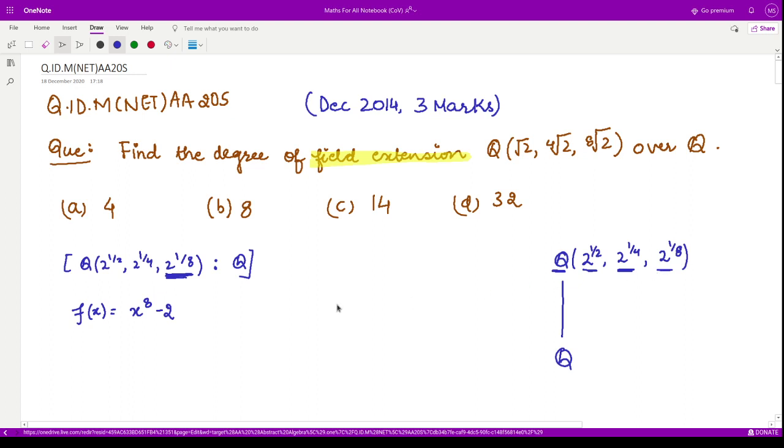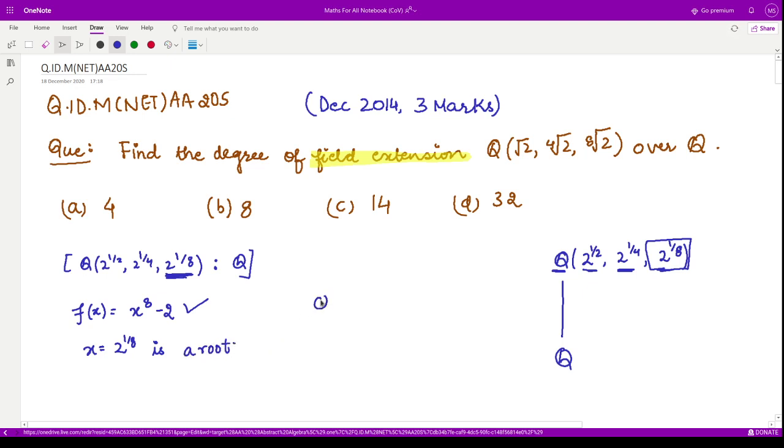I am considering the polynomial x raised to power 8 minus 2 corresponding to this particular element. Why? Because you'll see this in a moment. So this is our polynomial. Here you can see x equal to 2 to the power 1/8 is a root.